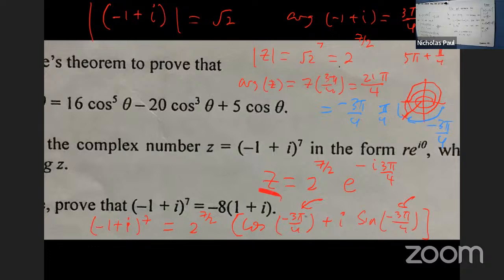That's how you get the Cartesian form from right here. Just put it in the calculator. When you multiply that, put it in the calculator and see what you get.